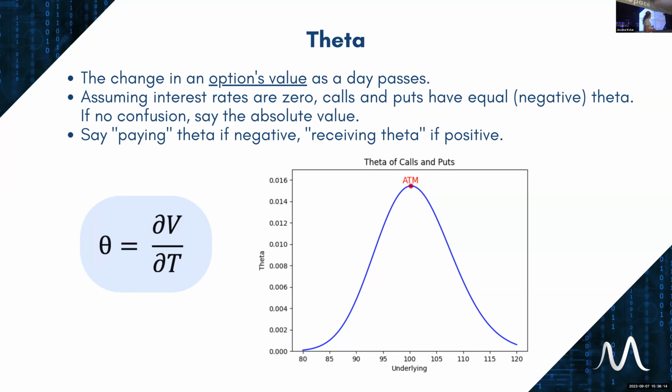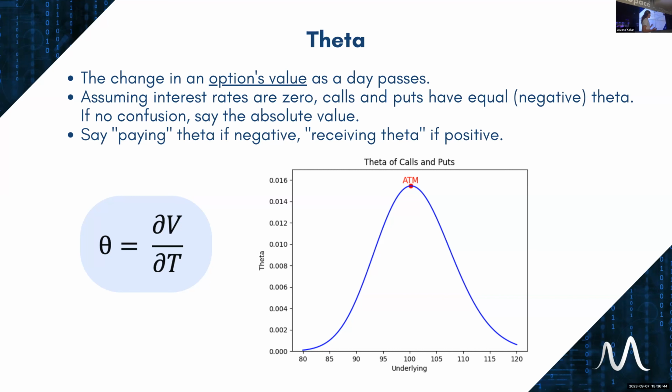So here we have the graph of theta. This is the absolute value of theta, it should be negative. You can see that the amount you're paying as each day passes is going to be the most for at the money calls, because when you're at the money, there's the most that can happen. As the days pass, there's less of this opportunity for things to happen in and out of the money.